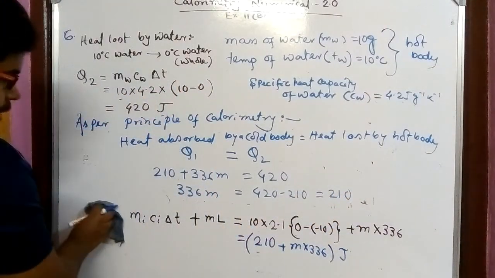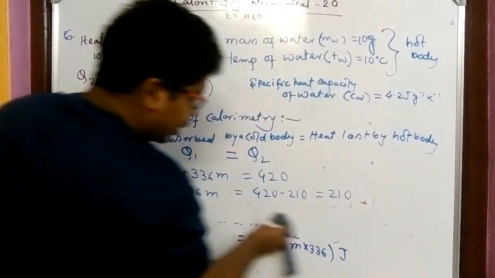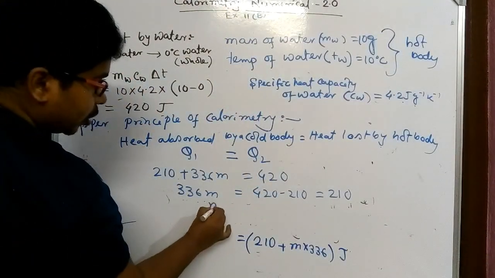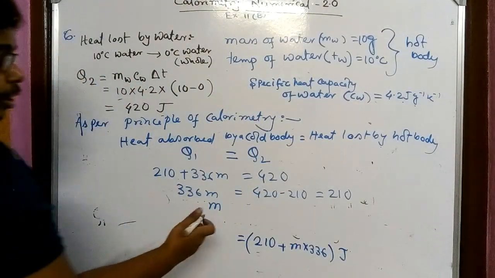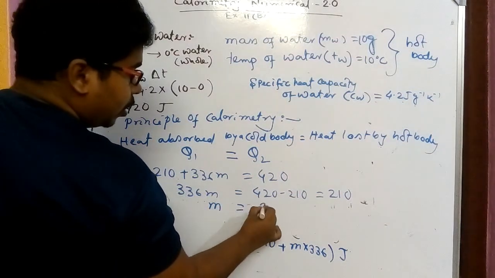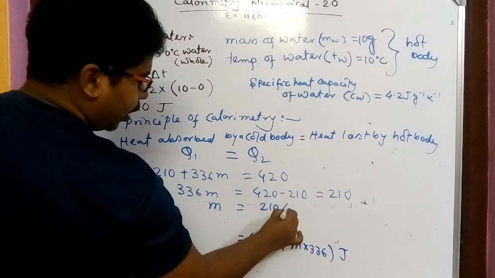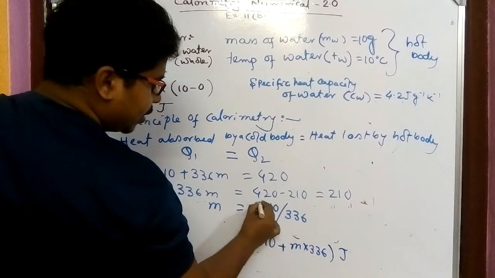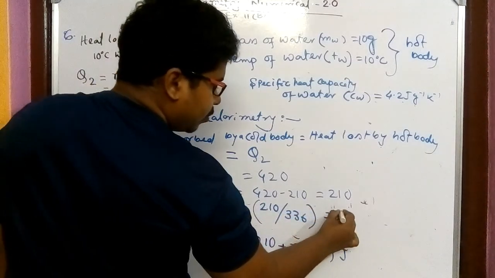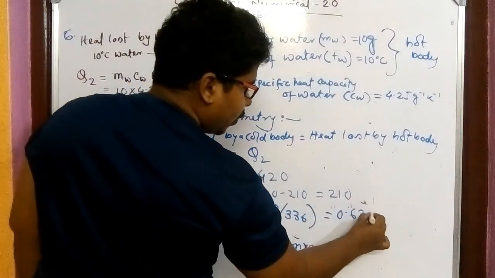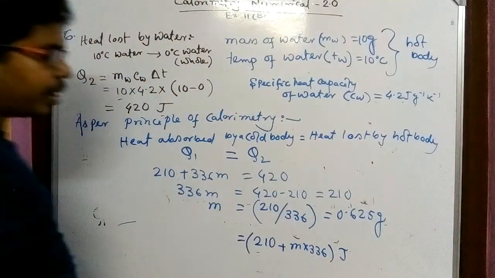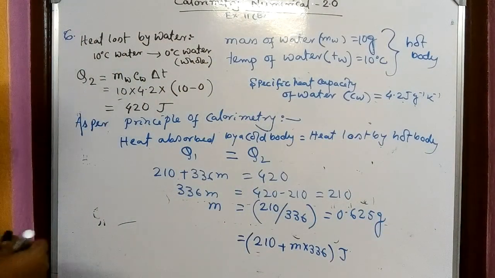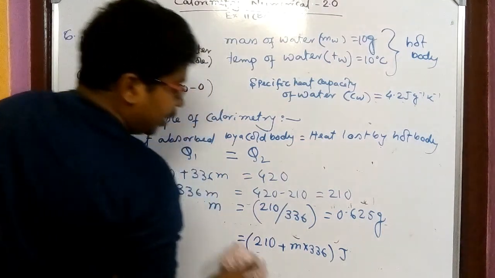Next and last part: how much ice should melt into water? So that is m equals 210 by 336. If you solve it, it will come 0.625 gram.